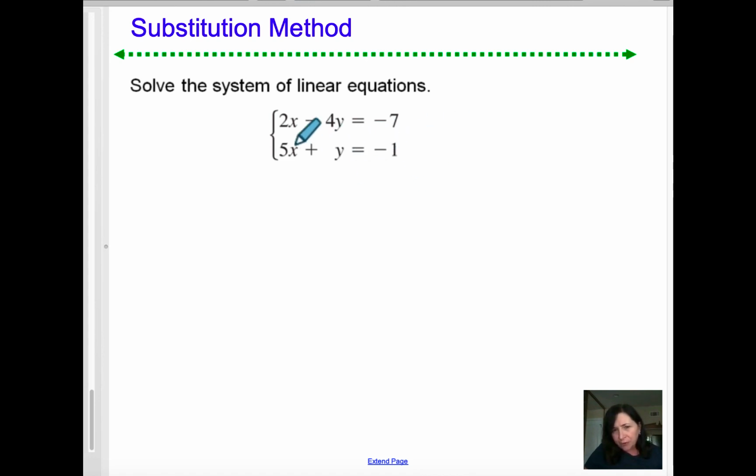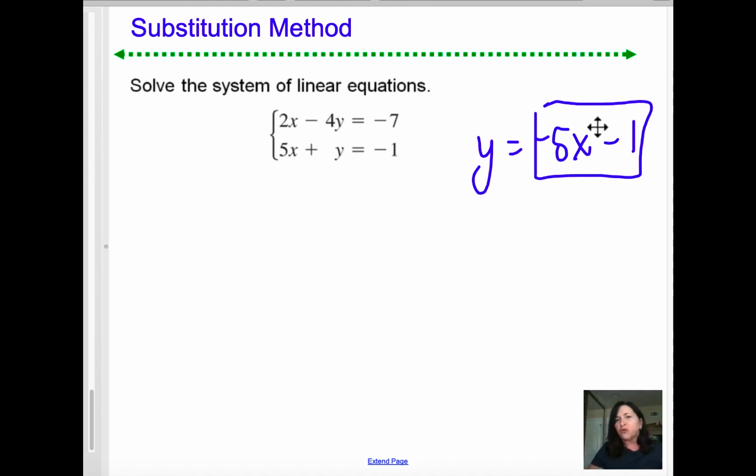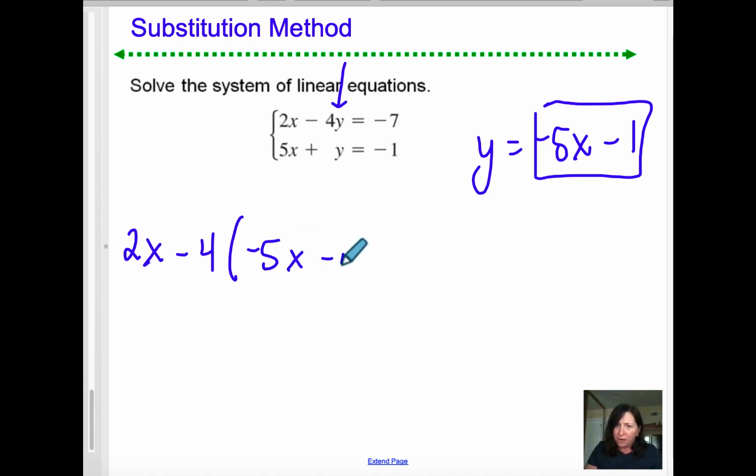So for example, if I took this equation here, I would solve for y. y equals negative 5x minus 1. This is what y equals. If I were solving this by the substitution method, I would take what y equals and plug it in right there for where y is. So I would go 2x minus 4, and then y. y is negative 5x minus 1, and that should equal negative 7.